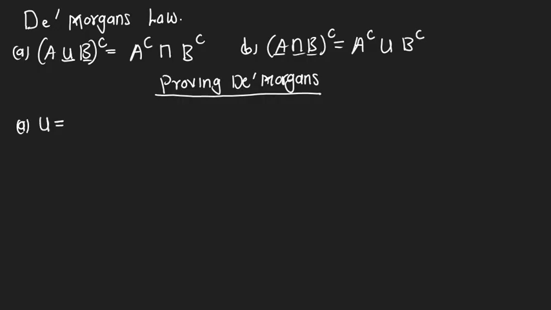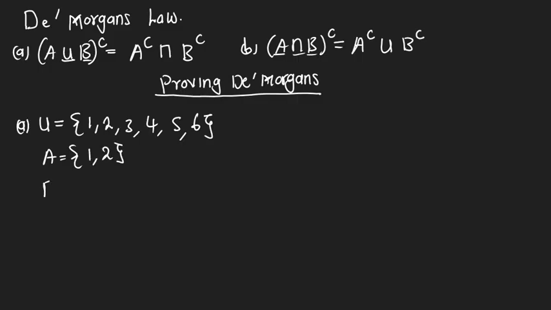If this is the universal set and it comprises of figures 1, 2, 3, 4, 5, 6, and we've got set A, which is a set of 1, 2, and then we have set B, which is a set of 2, 3.